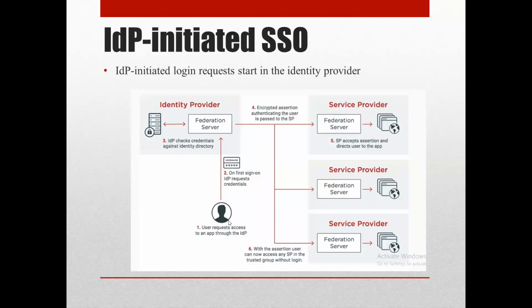As a user, when you try to log in to the particular identity provider called PingFederate, I mean the PingFederate server, he or she is requested to enter the login credentials. At the back end, the IDP provider will be checking in the database, or we can call it Active Directory, whether the particular user is available or not.